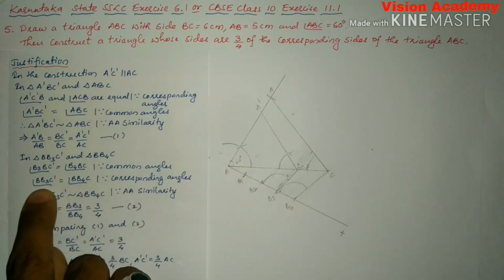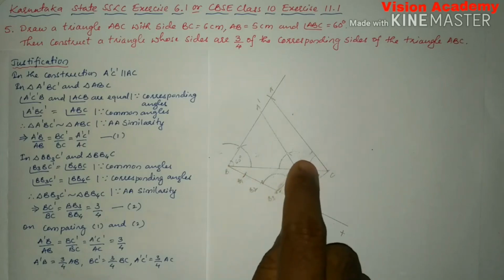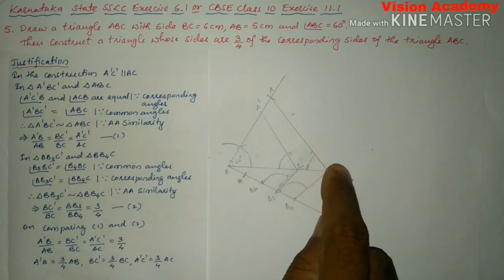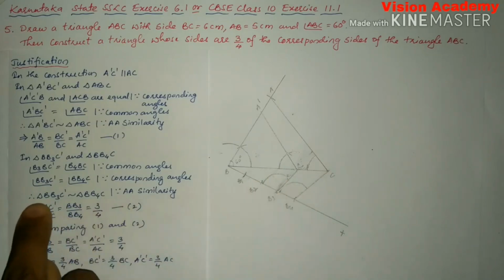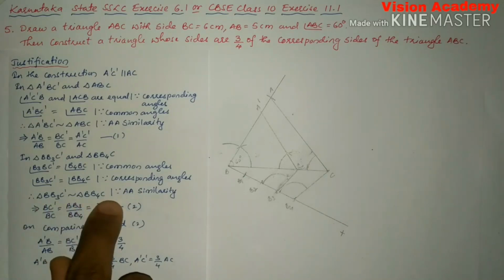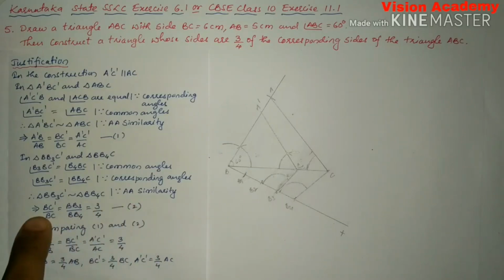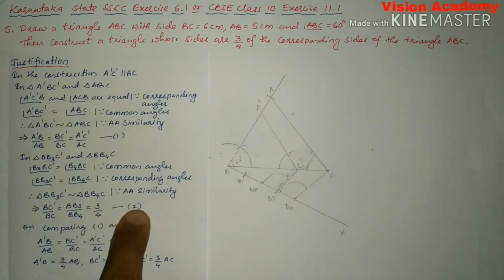Now you can say angle B B3 C dash and angle B B4 C are corresponding angles. So therefore triangle B B3 C dash is similar to triangle B B4 C because of angle similarity criterion. This implies BC dash by BC is equal to B B3 by B B4 is equal to 3 by 4. Let us consider this one as equation number 2.